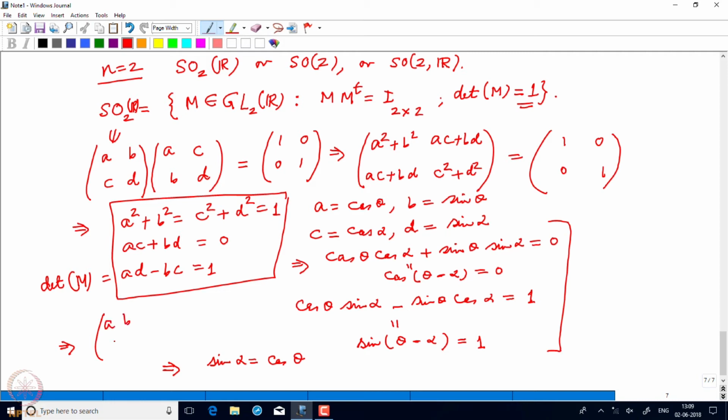Your matrix A, B, C, D is essentially cos theta, and D is again cos theta, with something like minus sin theta, and that is a rotation matrix.